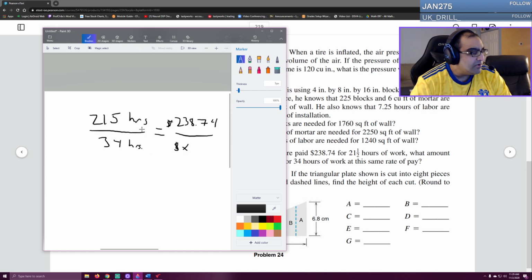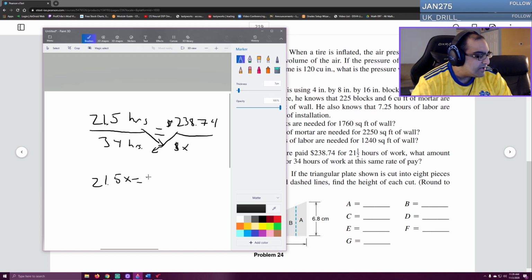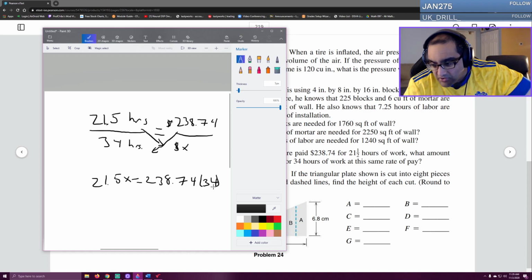Okay, we'll cross multiply here. Should be 21.5. So 21.5x equals 238.74 times 34. So let's go ahead and do this.